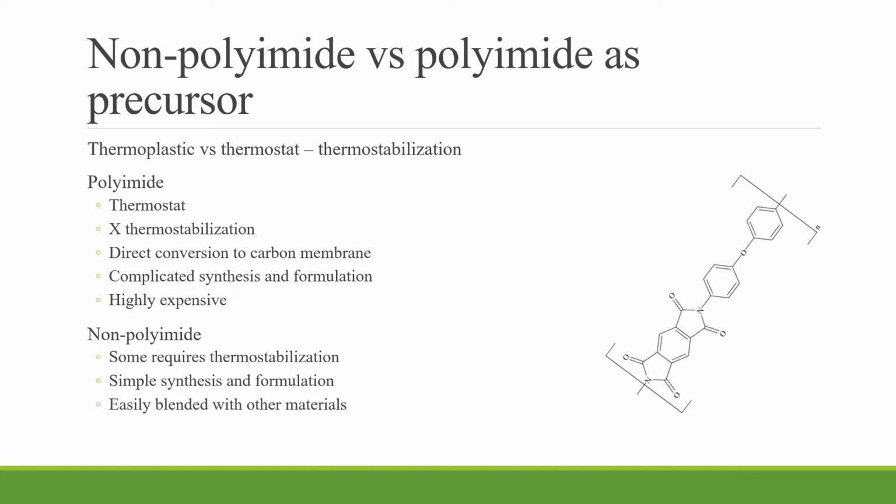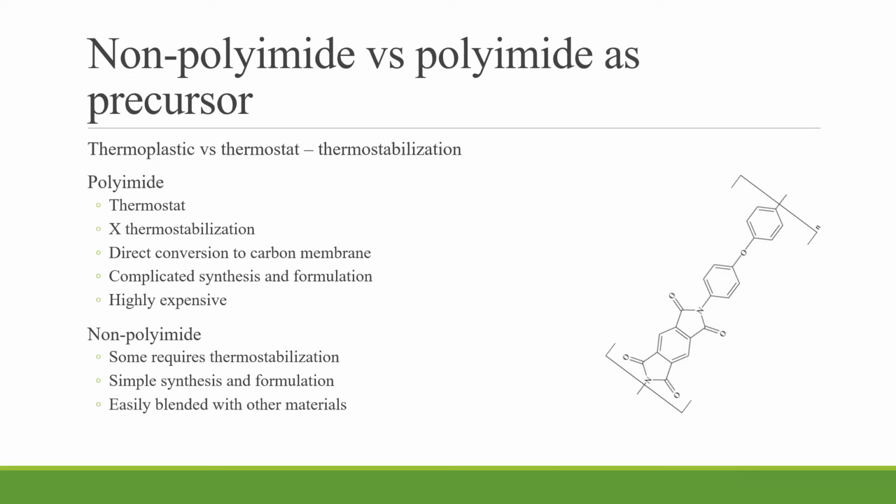Thermostabilization means that they heat the polymer at their glass temperature in the presence of oxygen for a certain period of time, and after that they proceed with pyrolysis. This is to prevent the hollow fiber, for example, from melting and deteriorating.